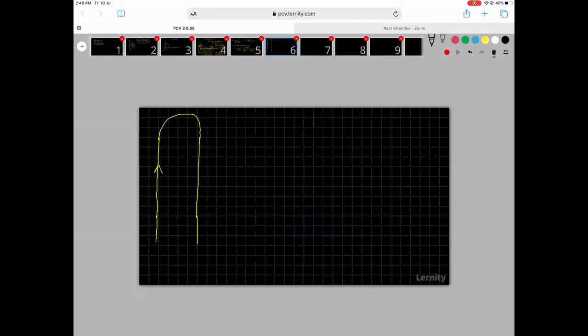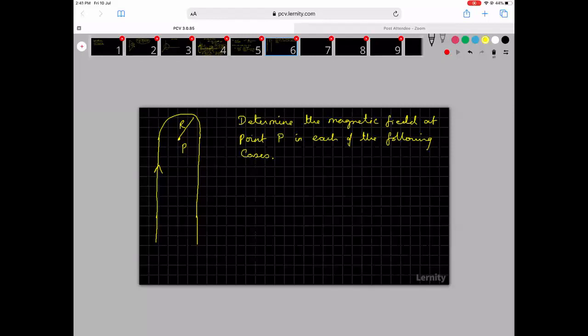At this point, this is R. At this point, I want to know, determine the magnetic field at point P in each of the following cases. So here, find out what is the magnetic field at this point P.